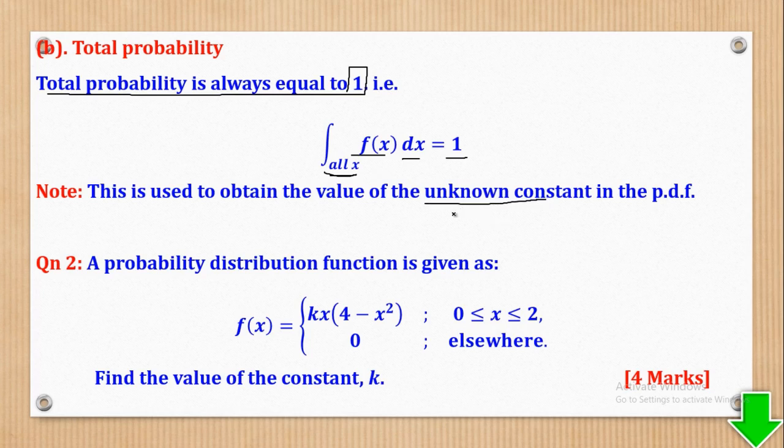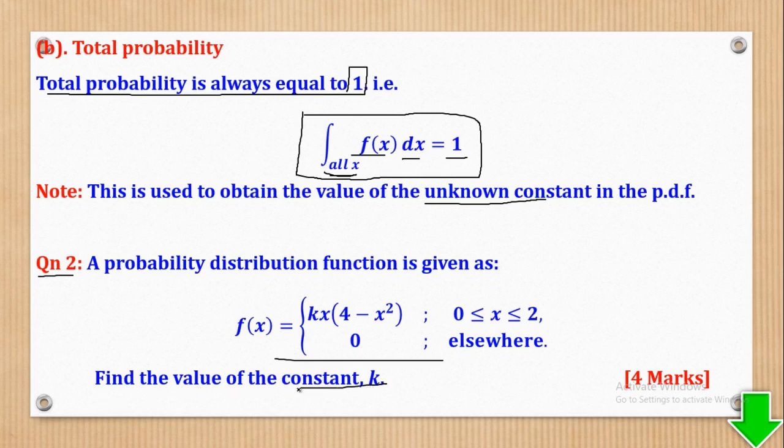Sometimes they can give you a function which has an unknown constant. In that case you have to remember that for you to get the unknown constant, you must use the condition that total probability is always equal to 1. Just like it is in this question 2. Question 2 says a probability distribution function is given as this, and they said find the value of the constant k.